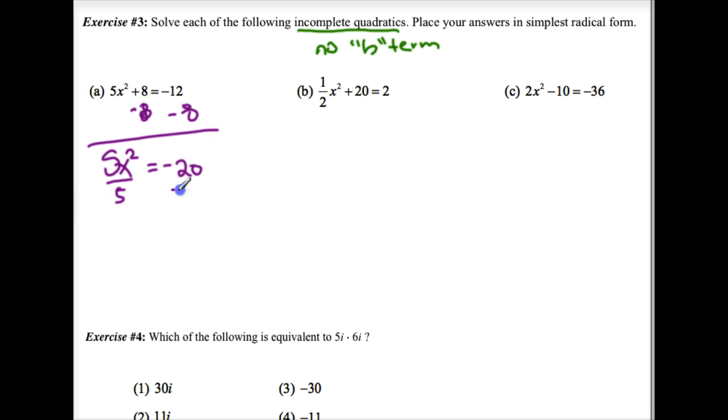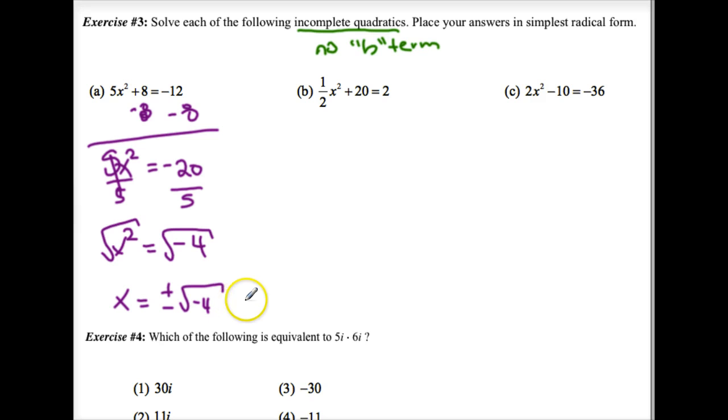Divide by 5 on both sides. We have x squared is equal to negative 4. Then I want to take the square root of both sides. This is x is equal to plus or minus square root of negative 4. Now, how do I do this? Remember, we just did this before. So, square root of, and I'm just going to come, just a side note here.